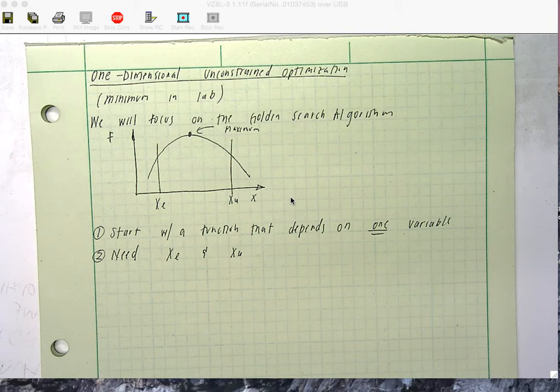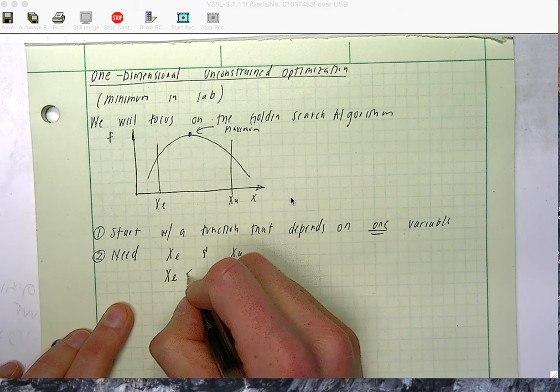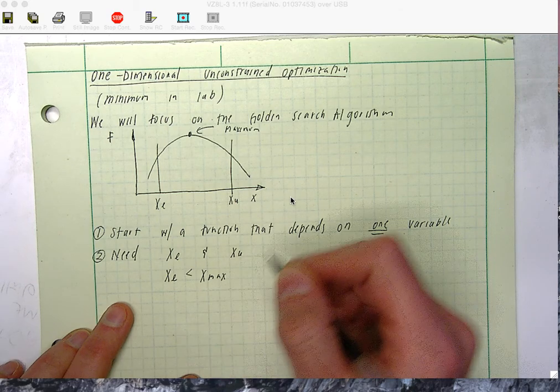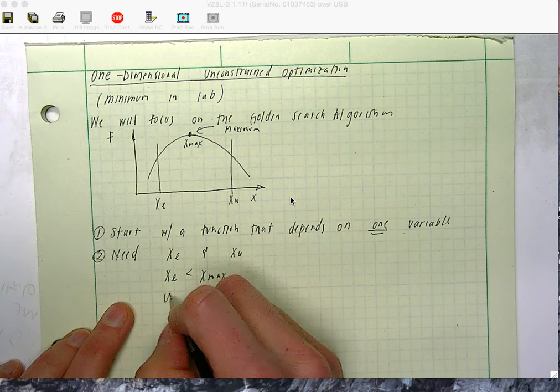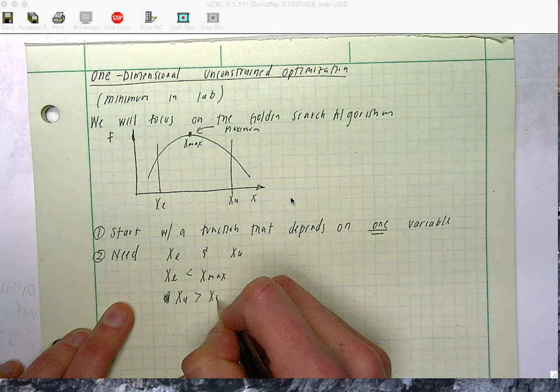Bracketing methods don't work unless you can at least pick two points that bracket it. So a lot of times you can start with just the two ends of the function domain, where XL is the lower bracketing point and XU is the upper.